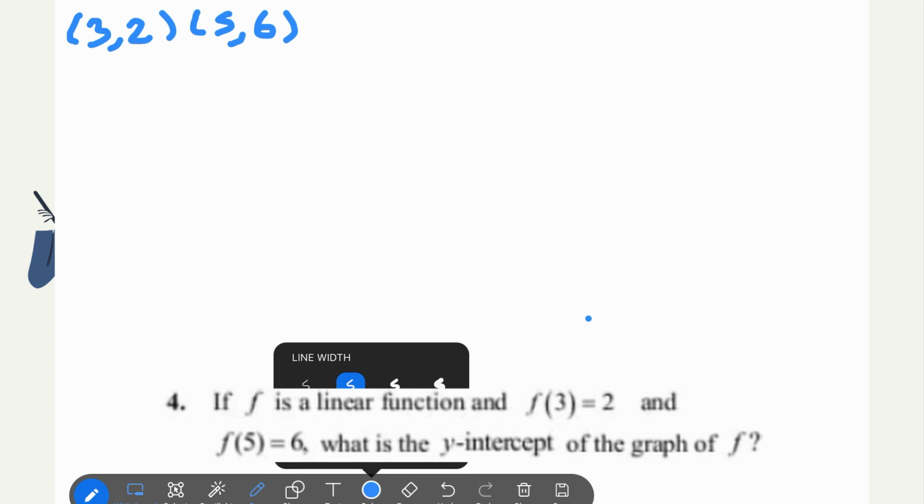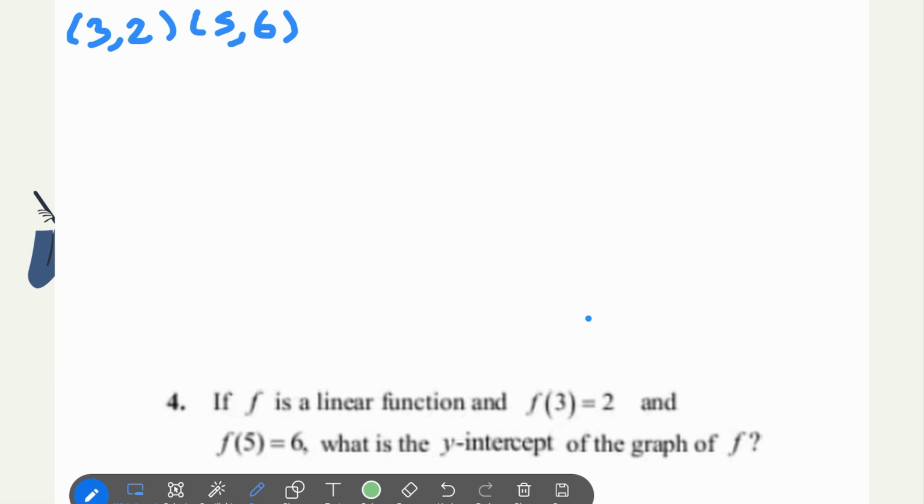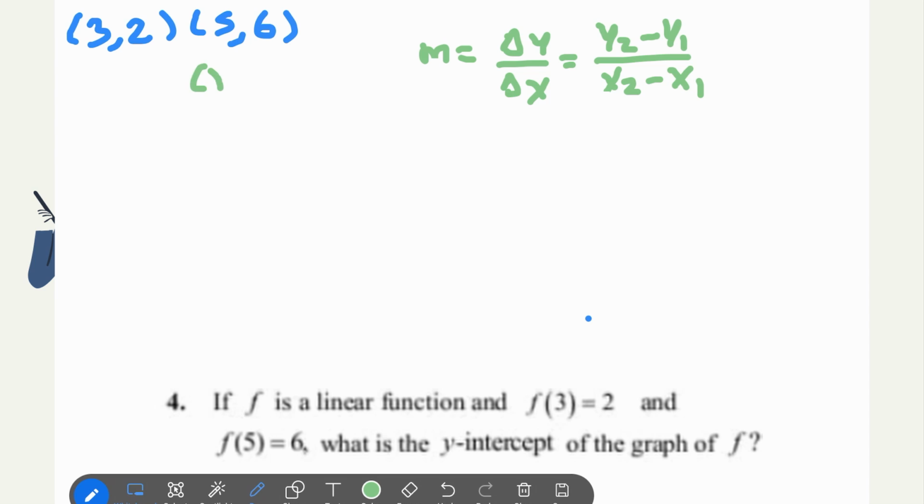In order for us to continue working on this problem, let's just remember what is the formula of the slope. It was m equals delta y divided by delta x, and this being equal to y2 minus y1 divided by x2 minus x1. 5, 6 can be our x2, y2, and 3, 2 can be our x1, y1.